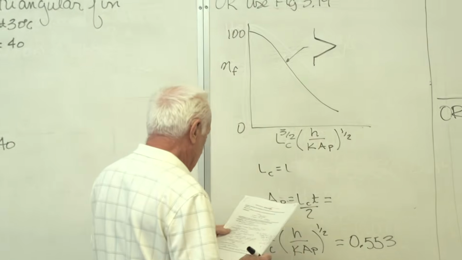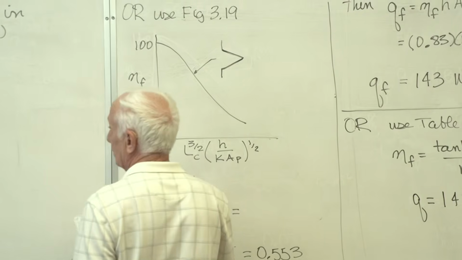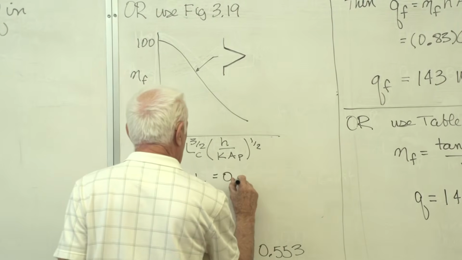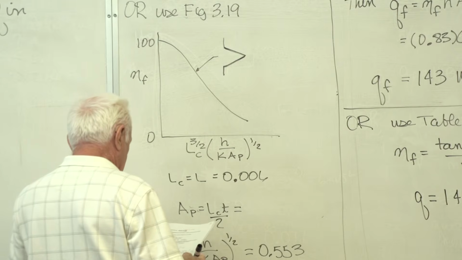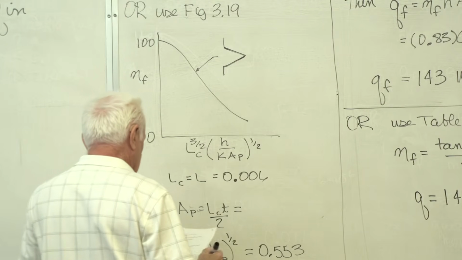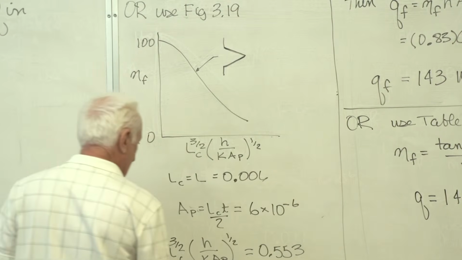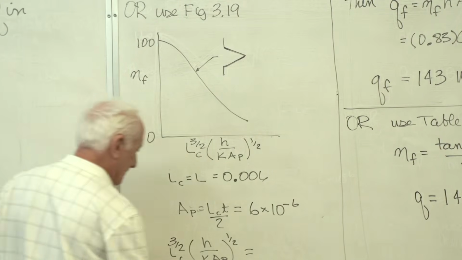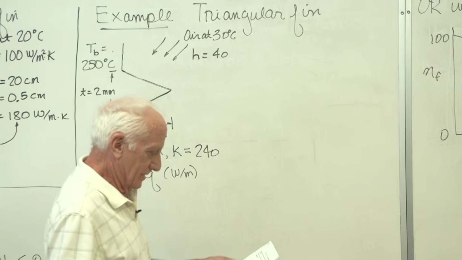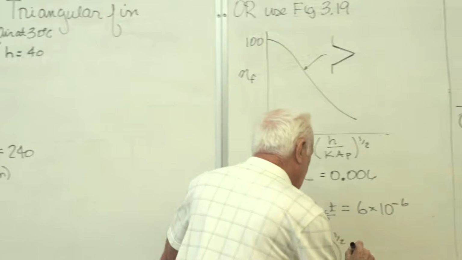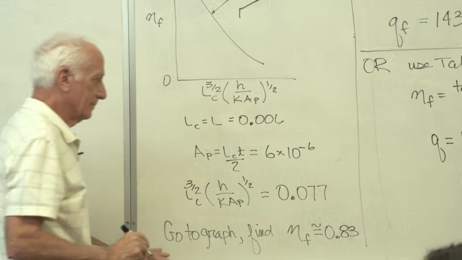And let's see, my L sub C is 0.006. Did I put? Yeah. And let's see, A sub P is 6 times 10 to the minus 6. Get my x-axis parameter, 0.077. Got it.